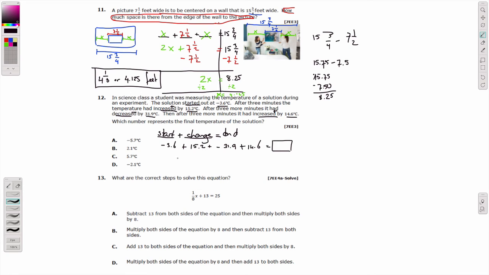Right, so now I have negative 3.6 plus positive 15.2 plus negative 31.9 plus positive 14.6.